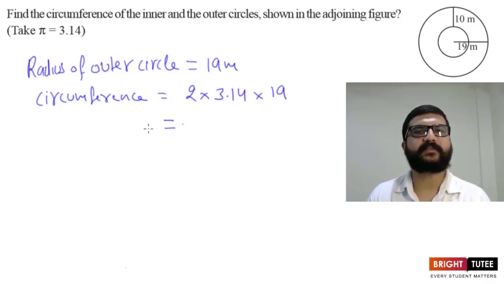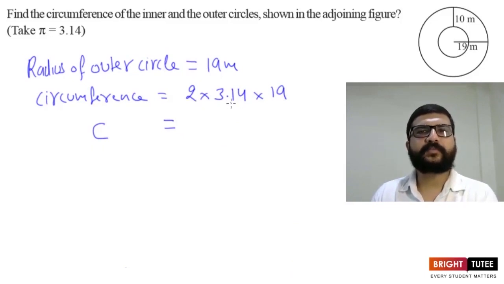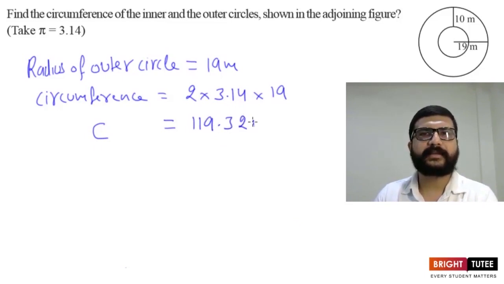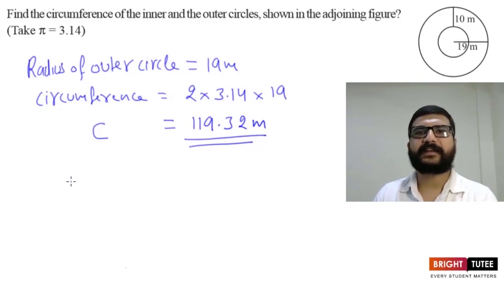We can represent the circumference with C. So C is equal to, while multiplying 2 into 3.14 into 19, we will get 119.32 meters. So therefore the circumference of the outer circle is 119.32 meters. Now let us find for the inner circle.